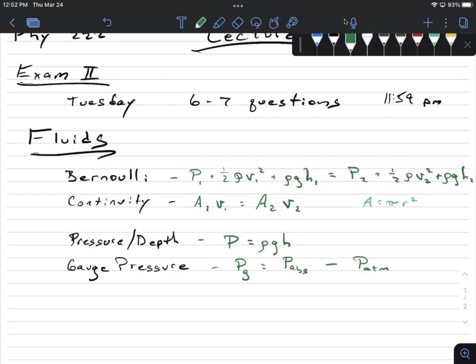The gauge just says, look, I don't care about atmospheric pressure. Everything feels it, so the fact that it's just atmospheric pressure means it's basically nothing. It's 0 pressure. And you need to add more pressure to it, and what you add to it is the gauge pressure. So when you're doing stuff in the real world, you're always working with gauge pressure.